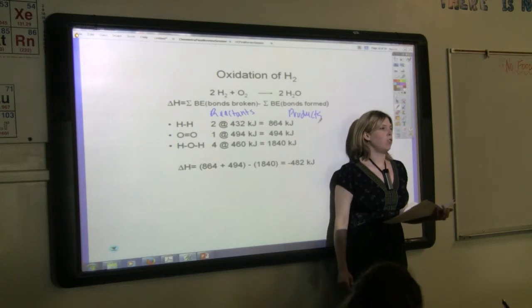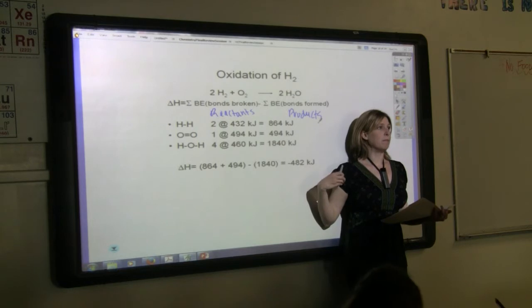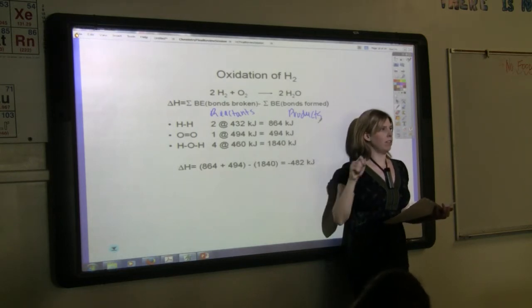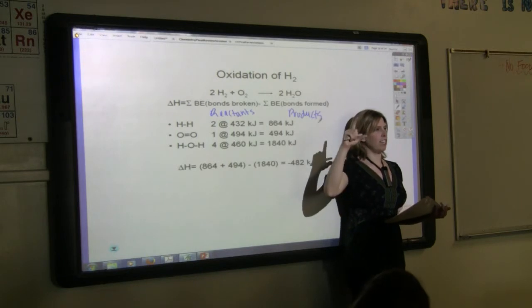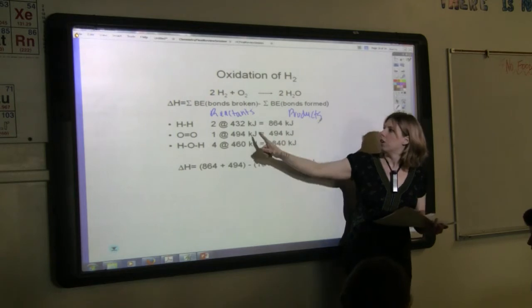So if we have to add up the bonds, we're doing bond energies. Remember, that was the first thing we started with, where you draw out the Lewis structure, and you have to actually count how many of each kind of bond you have, and then calculate.